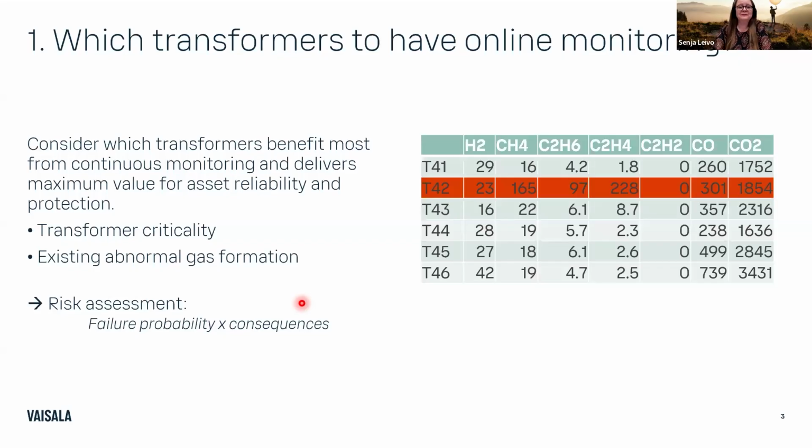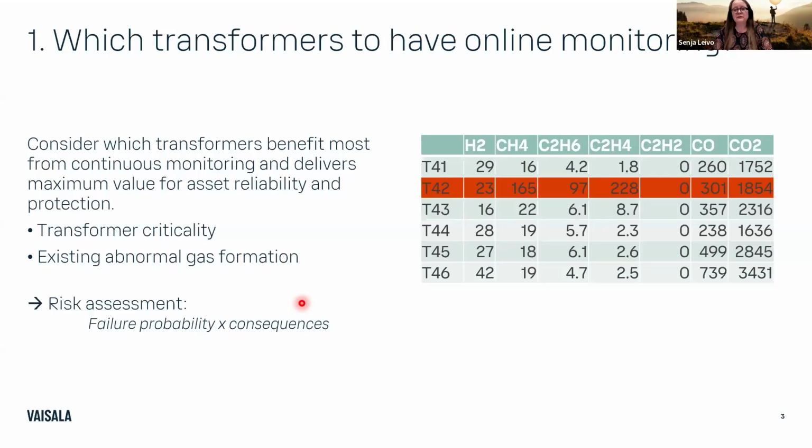So I'll start shortly here to discuss which transformers to have online monitoring on. First of all, I guess where to start is to consider through the whole fleet which transformers benefit most from continuous monitoring and give the best value for the utility, considering asset reliability and protection. So one way to look at it is transformer criticality.